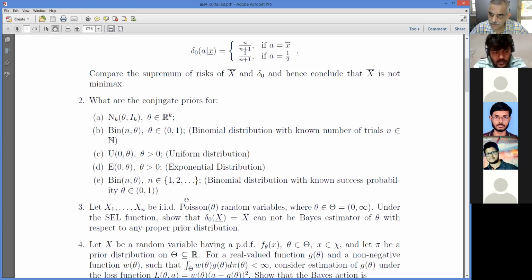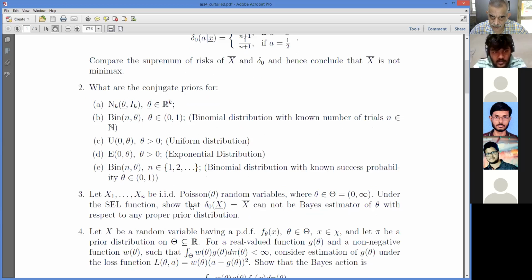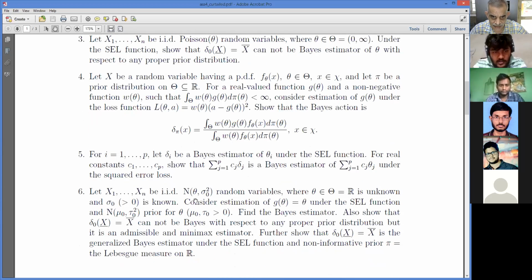I have a problem regarding question number 6 of assignment 4. Yes, sir. What is the problem? So, sir, as you have mentioned in class, x bar will not be Bayes with respect to any proper prior distribution, that is fine. But you haven't mentioned any theorem which relates some unbiased estimator with minimax estimators.